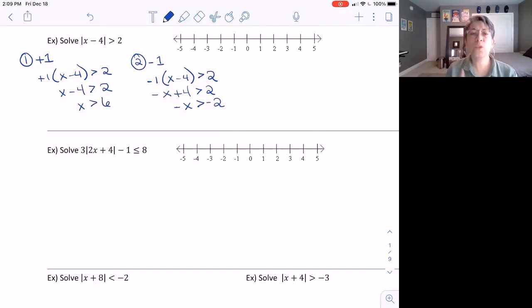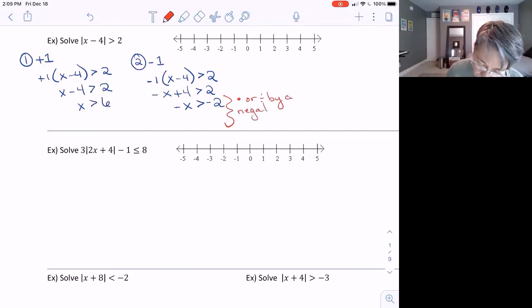And remember, when we multiply or divide by a negative, switch the inequality.